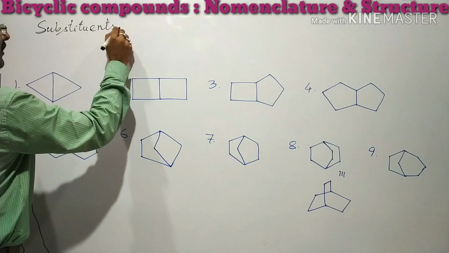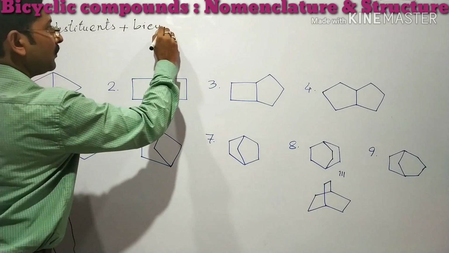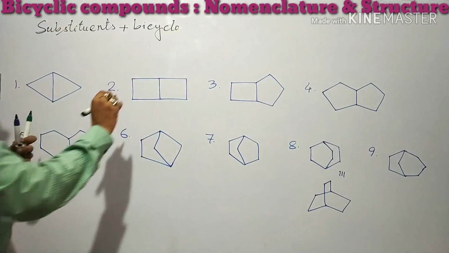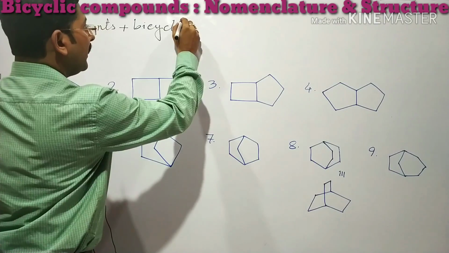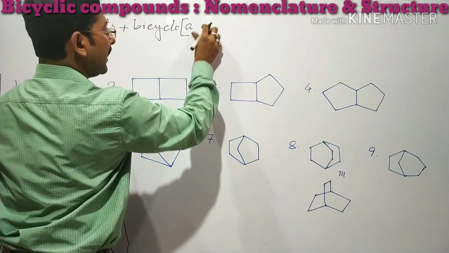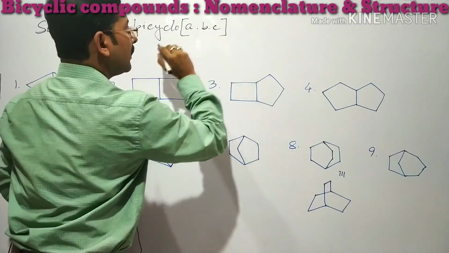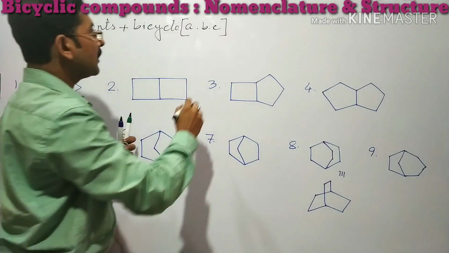Then you have to write bicyclo, because these are bicyclic compounds. Bicyclo. Then you have to write within parenthesis A dot B dot C, and then close the parenthesis.